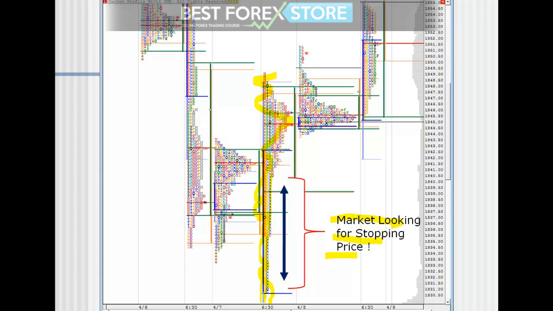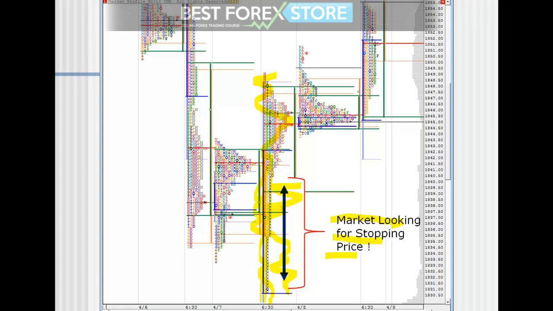And then the sellers in period B were met with buyers in period C that brought the prices back up higher. So obviously our stopping price was not in this range down here. There was no stopping price because we navigated up and down through it.